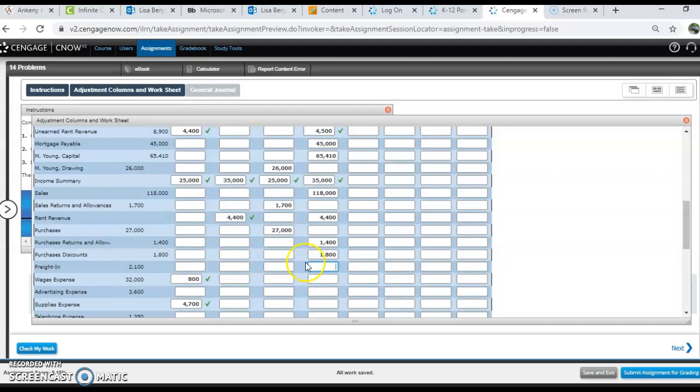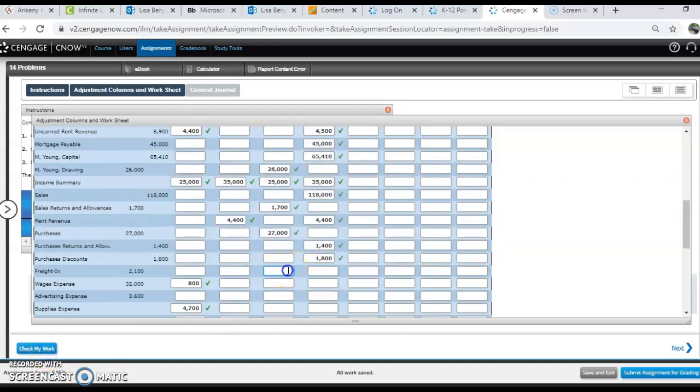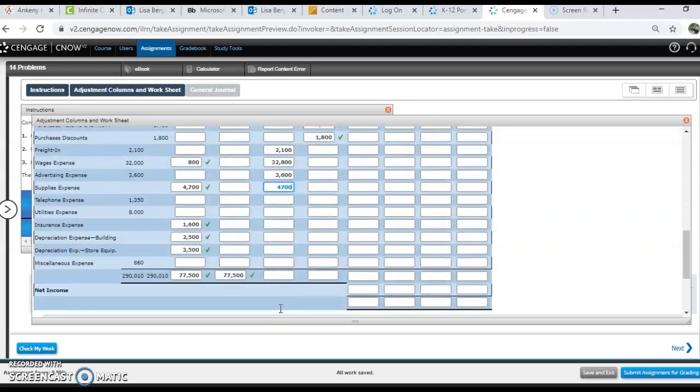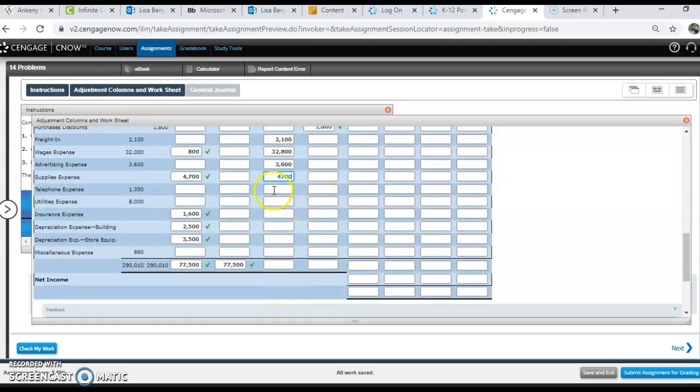Oops, that's a debit. Check your work frequently. It's easy to get these on the wrong side. And then all my expenses will be debits. So I got 32 plus 8 would be 32,800. Got 3,600. 4,700. 1,350. Got 8,000. 1,600.